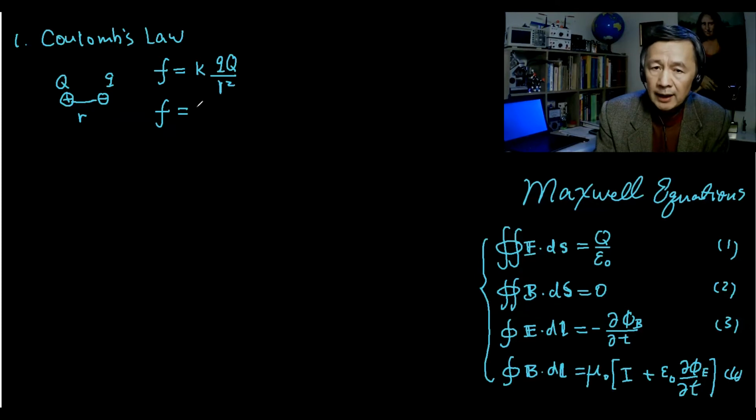We also know that the electrostatic force can be written as the product of the charge times the electric field strength, E, where E is a vector.